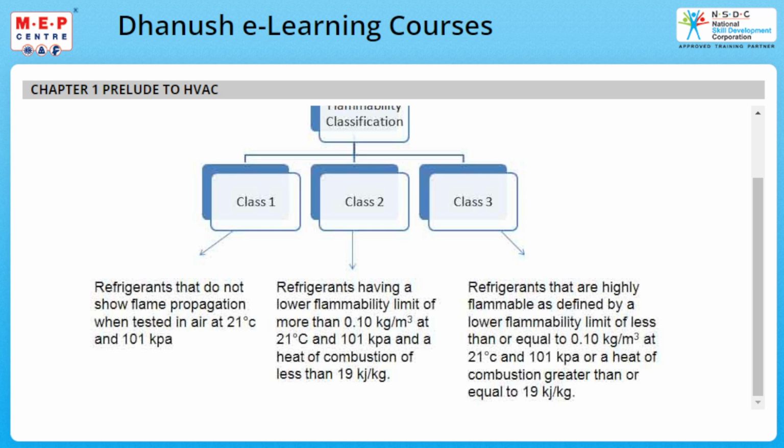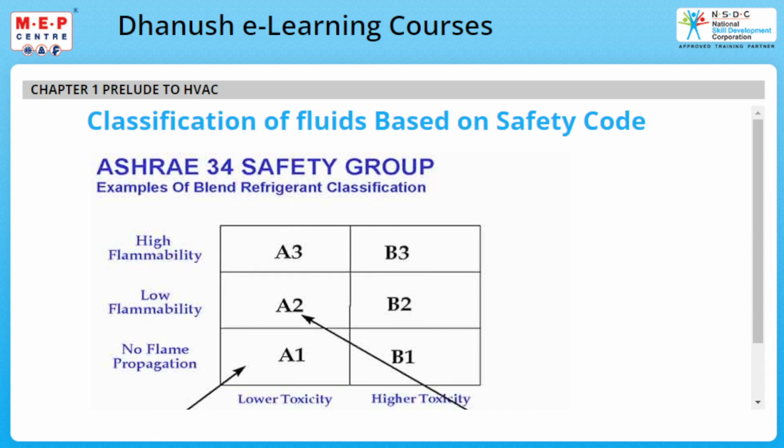Let us next understand the refrigerant classification based on safety. Refrigerants are classified as Grade A, Grade B, Grade C with respect to safety groups.